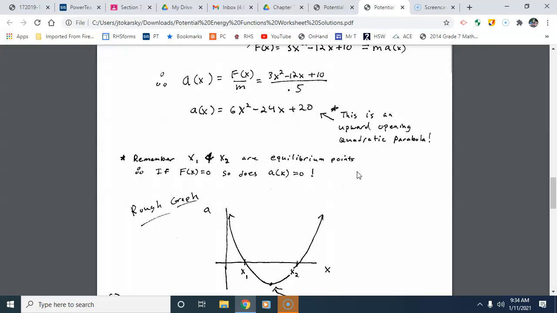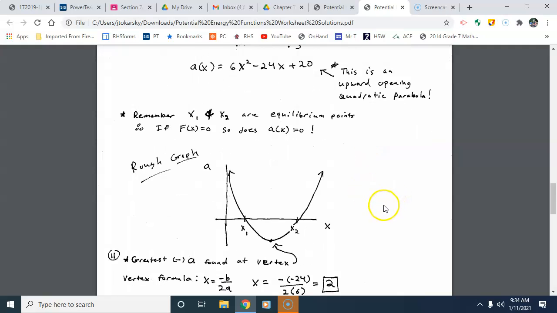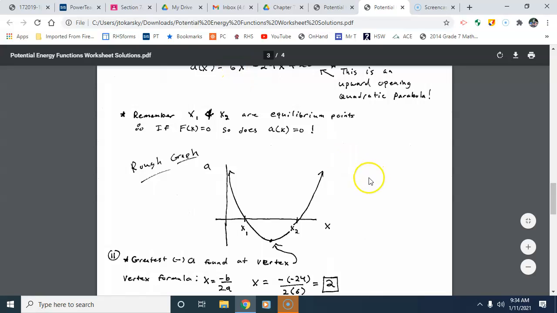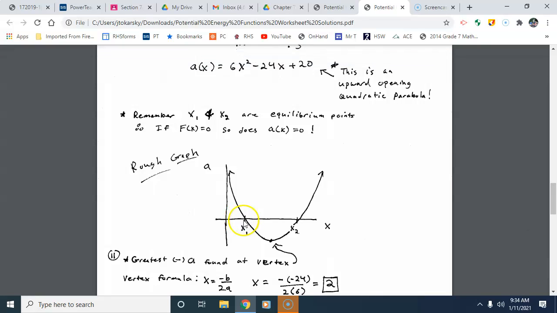And since through Newton's second law, force is directly proportional to acceleration, if the force equals 0, the acceleration has to equal what at those moments? 0. So we know the graph has to open upward because of that being positive, and we know that at these positions, x1 and x2, the acceleration has to be 0, which is why the graph passes through them on this axis. So those two things allow us to draw a general graph.